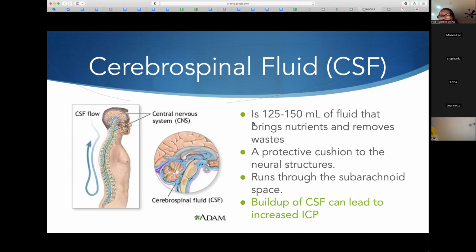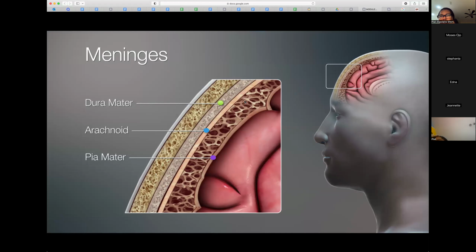Now imagine if you were underwater and you tried to throw that same punch, would that punch have the same force? No, because liquid absorbs shock, right? It absorbs energy. It would absorb the energy of any trauma and help to lessen the blow. So cerebrospinal fluid helps to protect the brain and spinal cord, and it also brings nutrients and removes wastes. It is a protective cushion to the neural structure, and it runs through the subarachnoid space. Just like we said, subarachnoid, underneath.